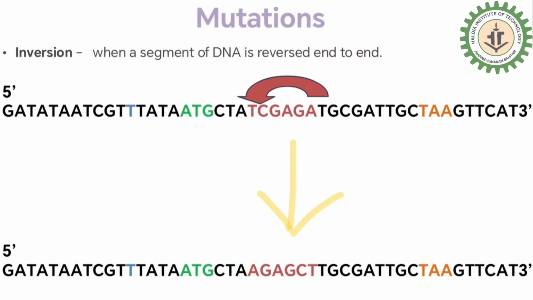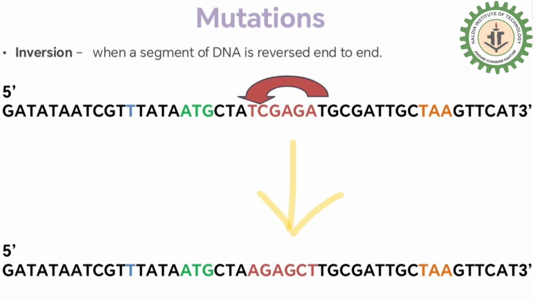Now the next is inversion. Here a small part of DNA is cut out and is inverted and then joined again. This is called inversion. Again, it may hamper the protein production because as it will start reading from ATG, the amino acids may become changed.